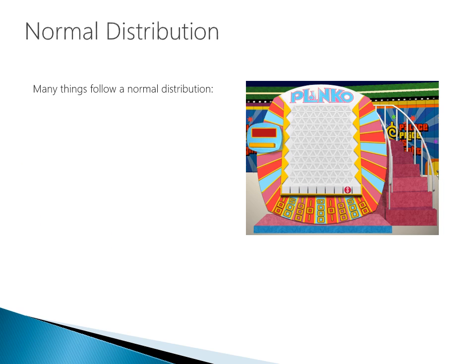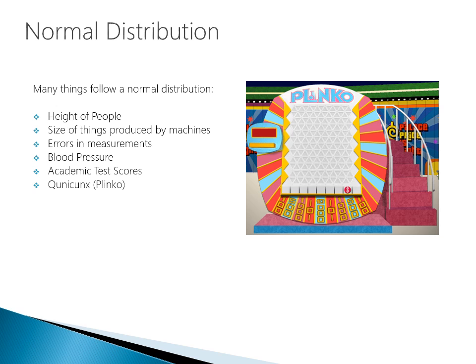There are many things that follow a normal distribution. For example, heights of people, the size of things produced by machines, errors in measurement, blood pressure, academic test scores, quincunx, or plinko if you're a Price is Right fan, as I am.